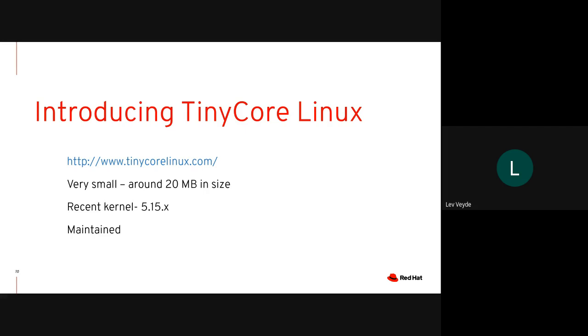On top of that, it uses a quite recent kernel, which is also good for us because there are smaller distributions, but they use quite old kernels, so they potentially could miss the features that we need in the future. It's not future-proof. And what is also quite important for us is that it's maintained. Tiny Core has a community around it.